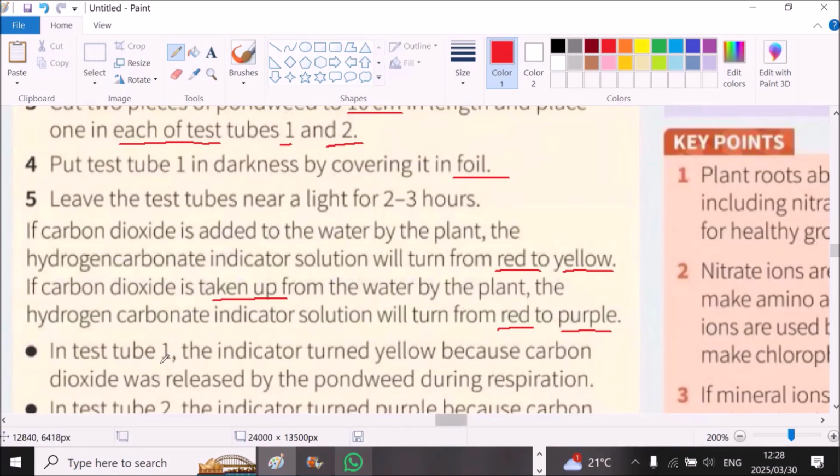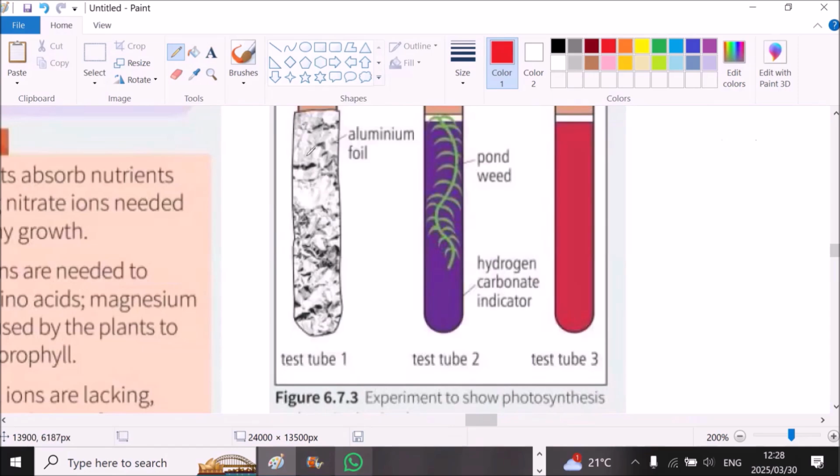So in test tube 1, the indicator turned yellow because carbon dioxide was released by the pondweed during respiration. So in 1 here, there is no photosynthesis taking place since there is no light into the test tube.